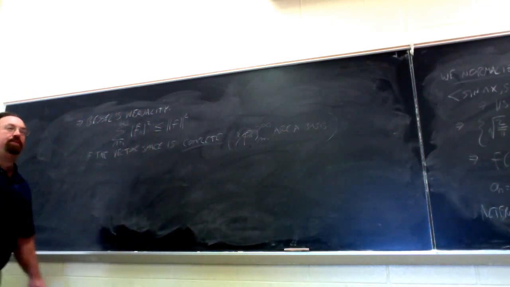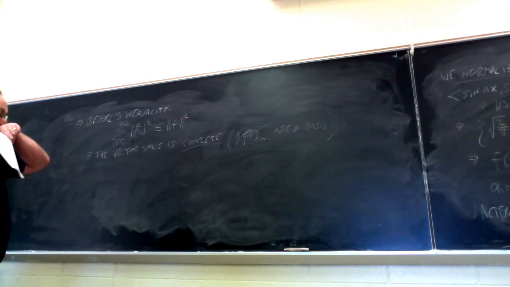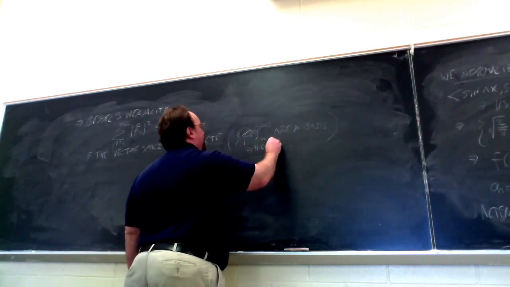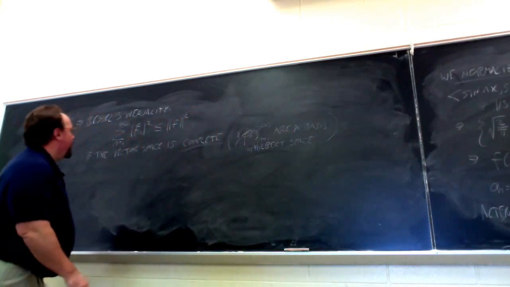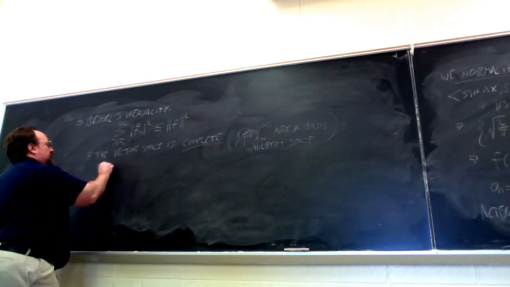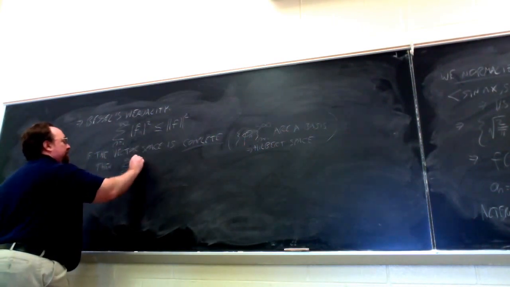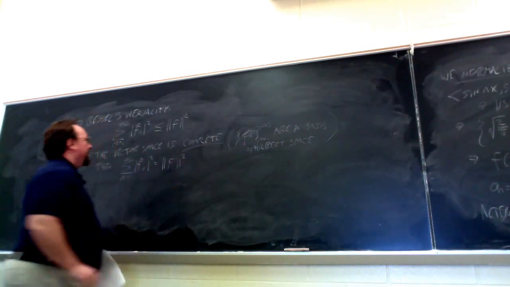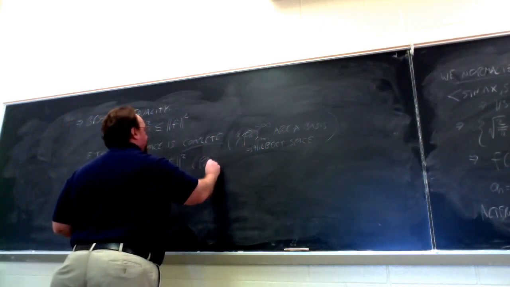In other words, you're able to describe all functions in the vector space using these orthonormal basis functions. In other words, what you have is a Hilbert space. Then Bessel's inequality becomes equality. And this is called Parseval's identity.